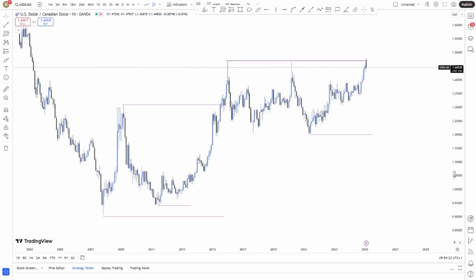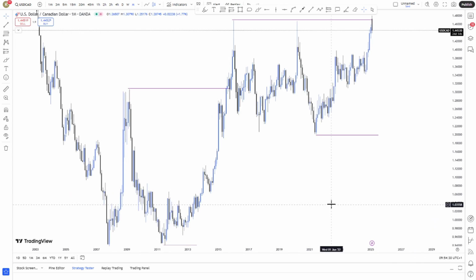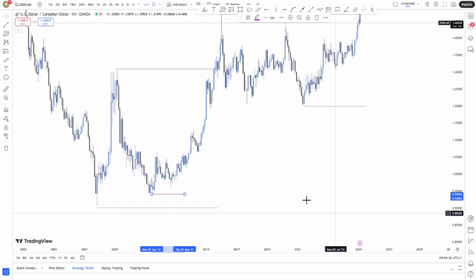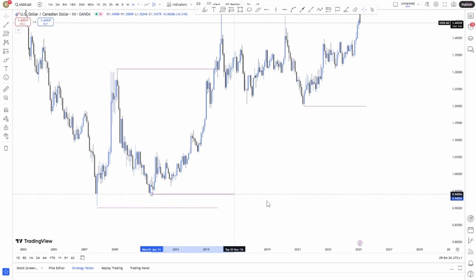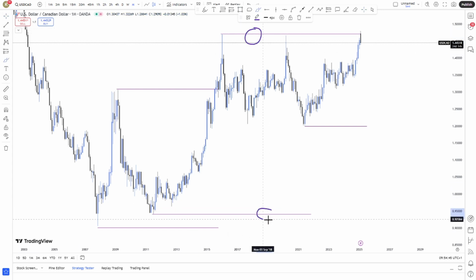Now let's look for the internal structures in monthly. That's the next step. To be able to do that, you need to focus on the most recent dealing range, which is between this line and this line.